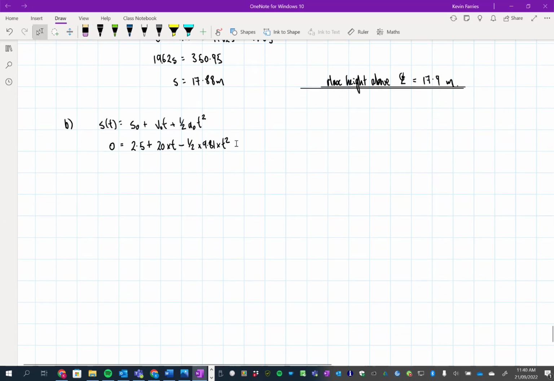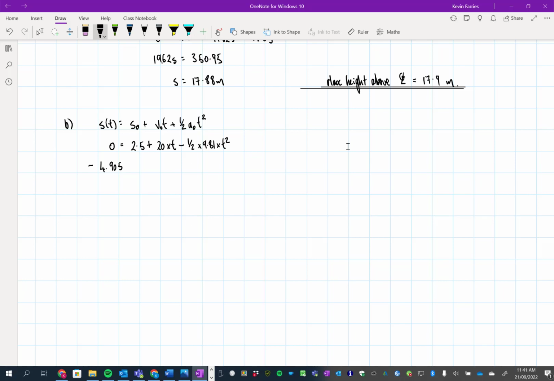So now we want to get this in the form, you remember we're talking about the quadratic, of the form ax squared plus bx plus c equals 0 to solve it using the formula we know, where x could be any variable, and a, b and c are just numbers. In our case the variable is t. So let's arrange this in the right order. Half times 9.81, 0.5 times 9.81, is equal to 4.905. I'll keep 4 significant figures if we're going to be using it again.